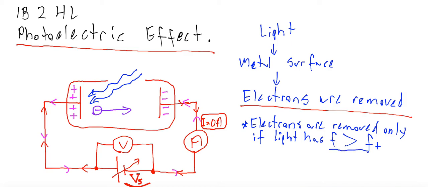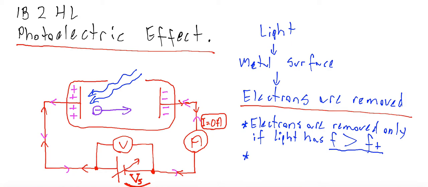This is an observational fact. And the second observation Einstein made was the relation between the intensity of light and the amount of electrons which are removed.